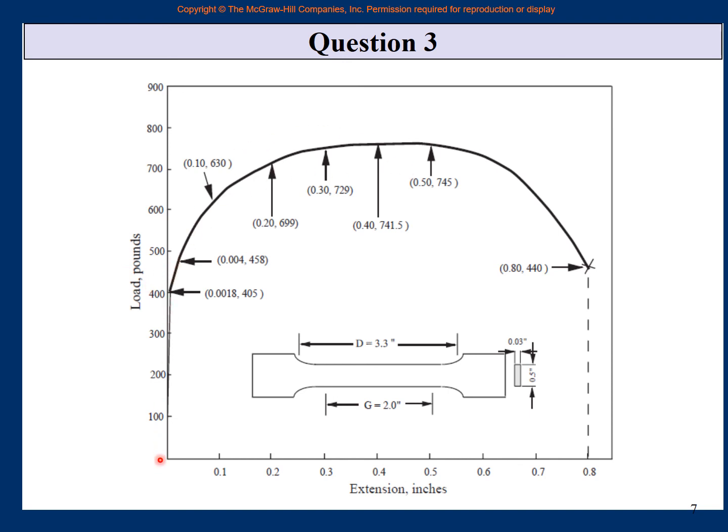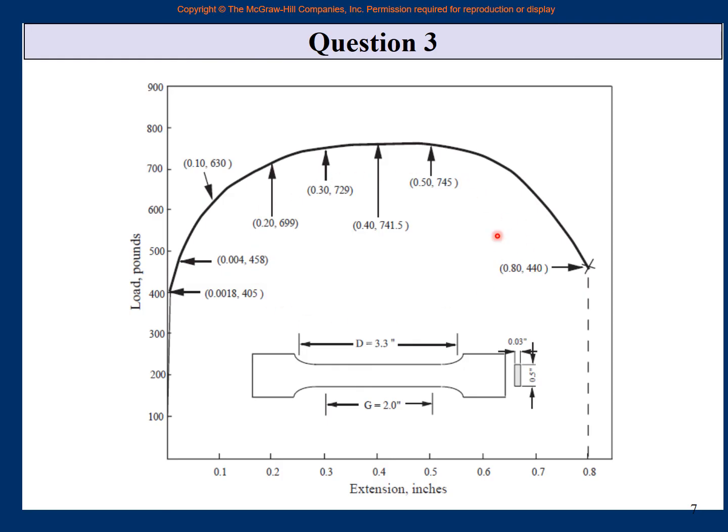So to find the yield point and so on, you find this point. What is this point? 405 is the load and 0.0018 is the strain at the end of the straight line region. The maximum point here, this is 741, this is 745. So the maximum point is 745.